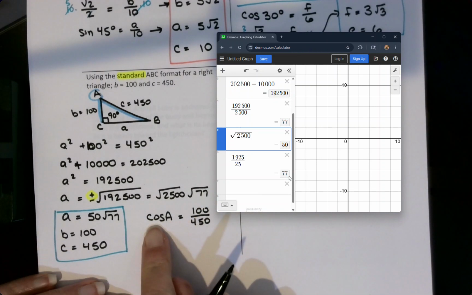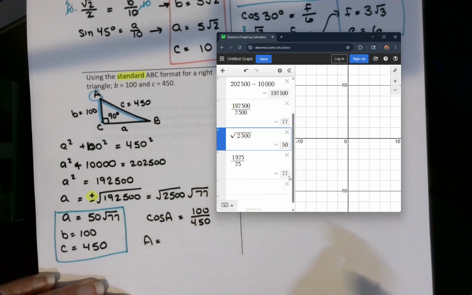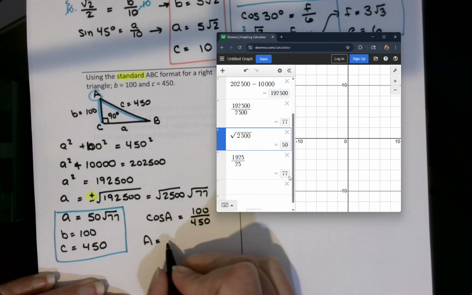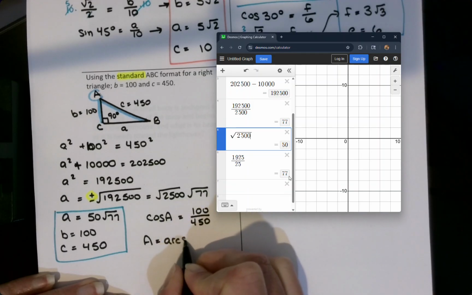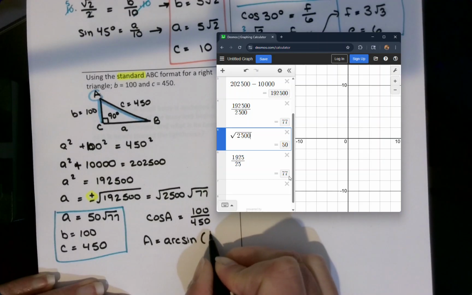So the cosine of A is equal to that ratio. So I know that A is going to be equal to the inverse cosine, or the arc cosine. That's one of the notations for the inverse function. The arc cosine of that fraction, 100 over 450.